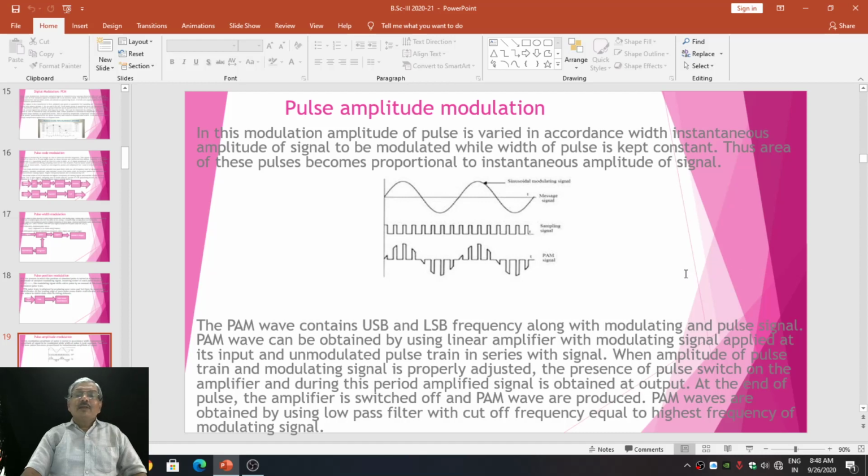Meaning here the width of the pulse is maintained constant, the position of the pulse is maintained constant, but the amplitude of the pulse is changed in accordance with the instantaneous amplitude of the signal to be modulated.